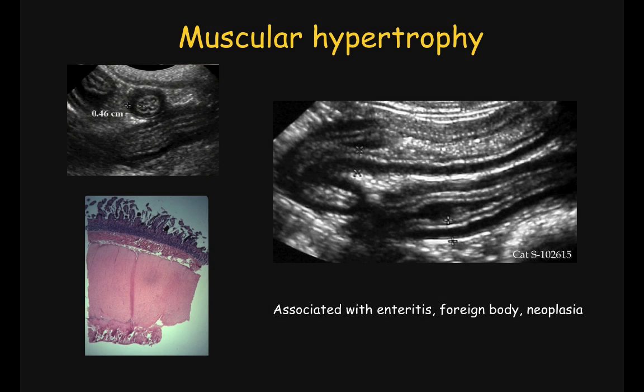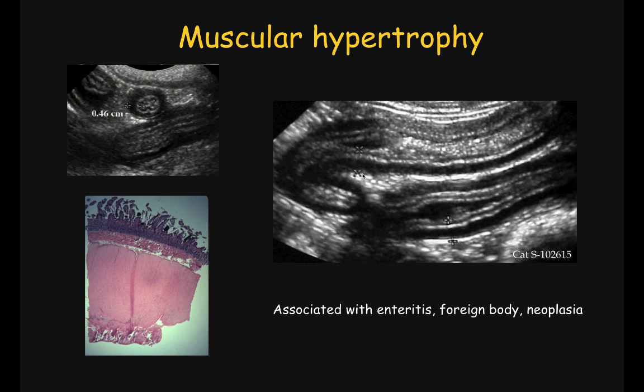Now let's see some of the specific alterations of the wall layers, and the first one is muscular hypertrophy. In this case, it will be important to locate the lumen of the bowel, and from the lumen see the mucosa, submucosa, and muscular layer.